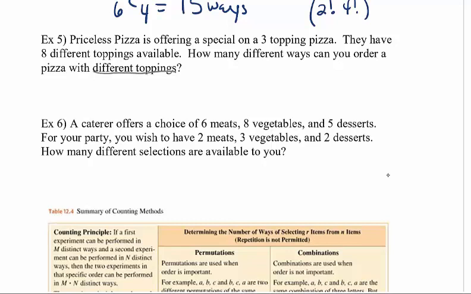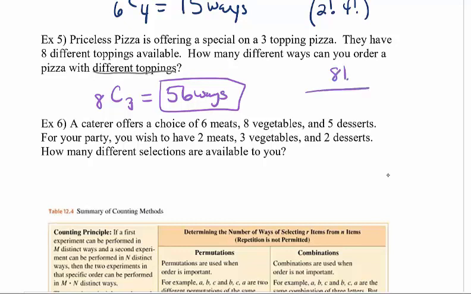So I am going to have 8C3. And if I put that in my calculator, and I'd use the 8 and the nCr button, and then the 3, I would get 56 different ways to order. If I were doing it the longer way, which is what you'll see, this would be 8 total options, factorial.